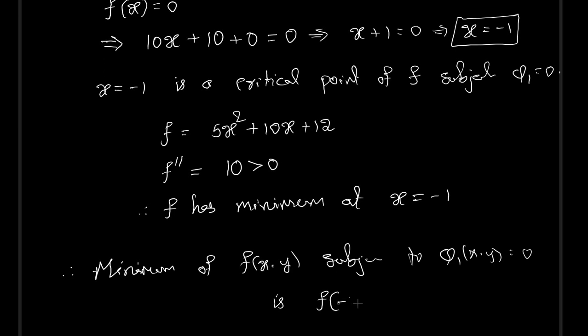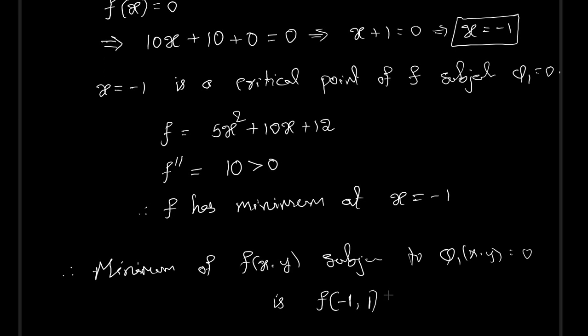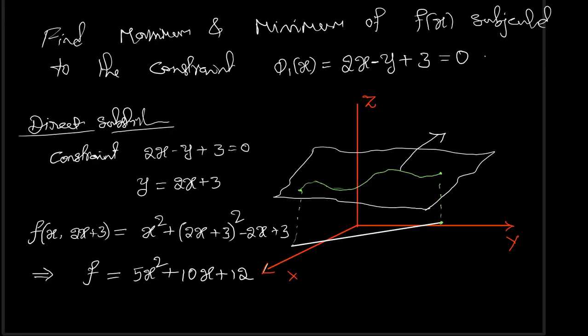That is f of minus 1 comma, if x is minus 1, what must y be? Minus 2 plus 3, that is 1. y must be 1. After substitution, we get 7.